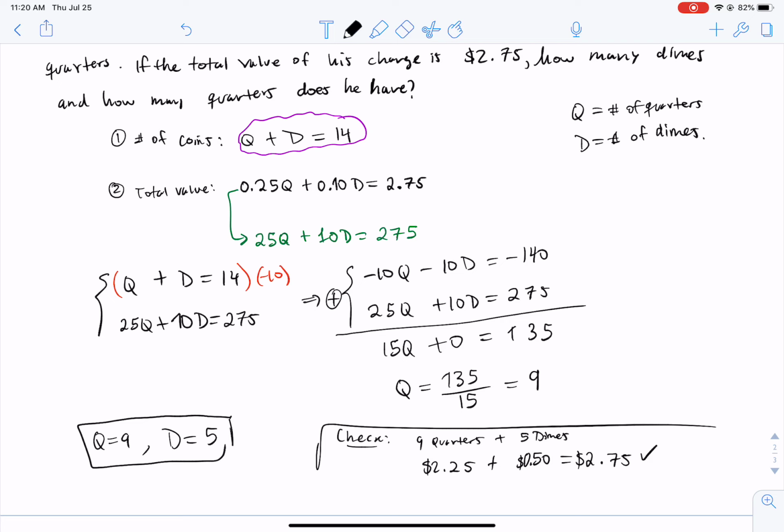There won't be. Combinatorics is a class in mathematics where we study the counting principles. What if you wanted to get 275 by using quarters and dimes in different amounts? You don't have to have a specific amount of 14 coins. In how many ways can you possibly create $2.75 using dimes and quarters?